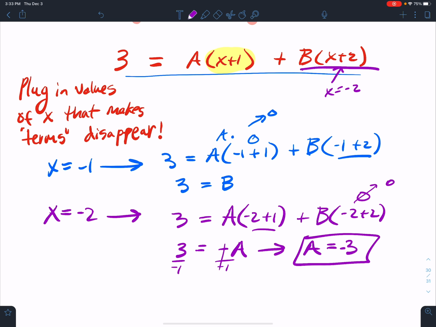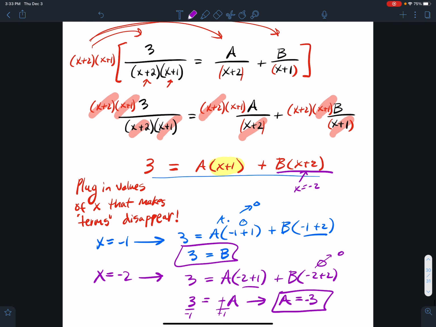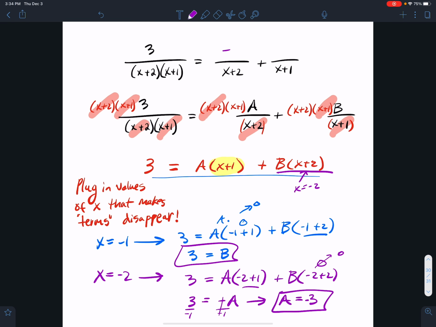So now I know what a and b are, okay? So a becomes negative 3 and b becomes 3.